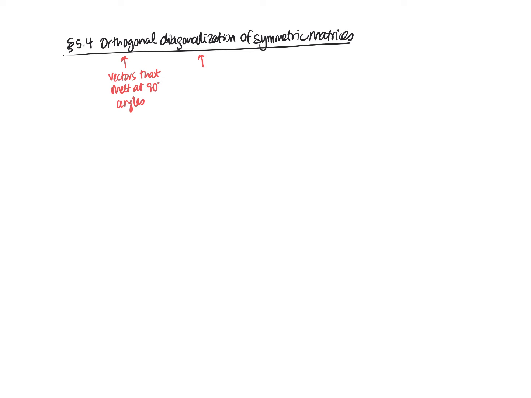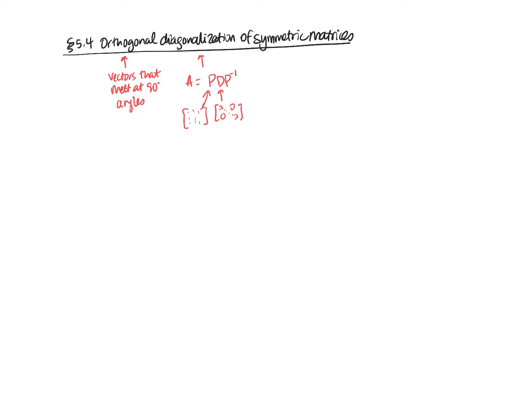Diagonalization is where we can write a matrix as P, D, P inverse. So this is our matrix A. D is a diagonal matrix made up of the eigenvalues down the center and zeros everywhere else. P is a matrix made up of the eigenvectors in the columns.